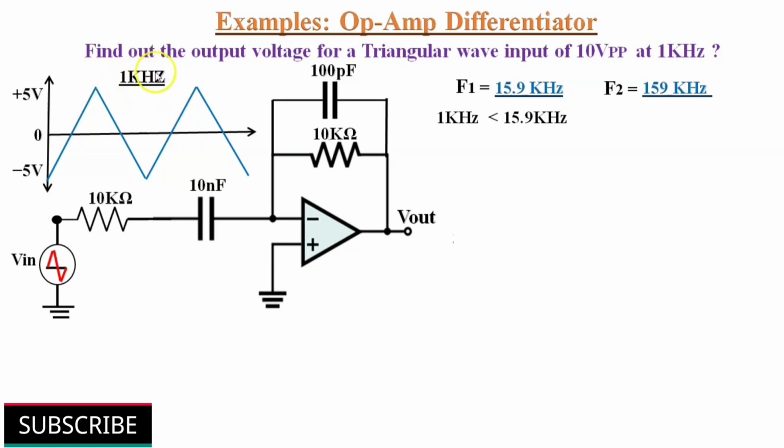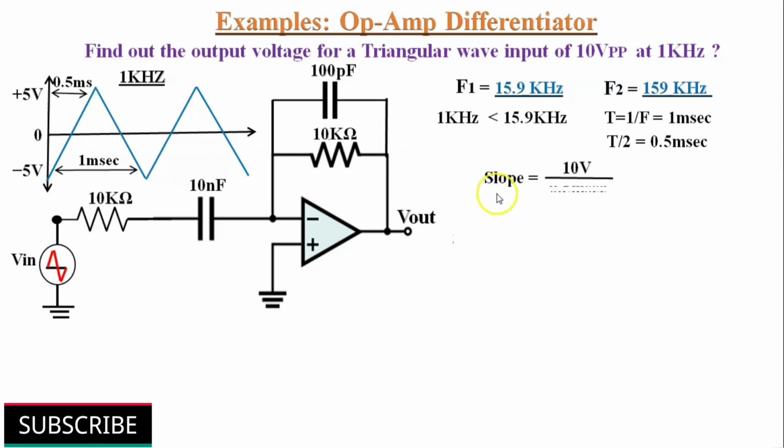Input frequency is 1 kHz, so the time period is 1 millisecond. In 0.5 milliseconds, our input signal changes from minus 5 volt to plus 5 volt. That is 10 volt. So the slope of this input signal is 10 volt divided by 0.5 milliseconds, that equals 20,000 volts per second.